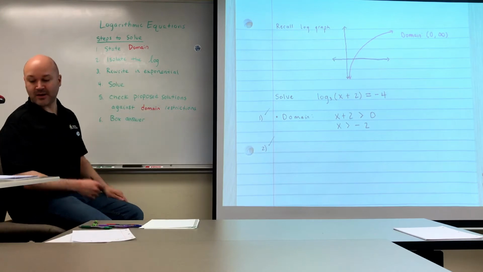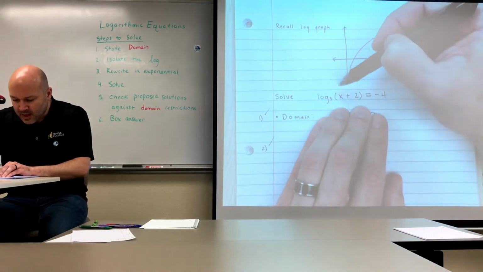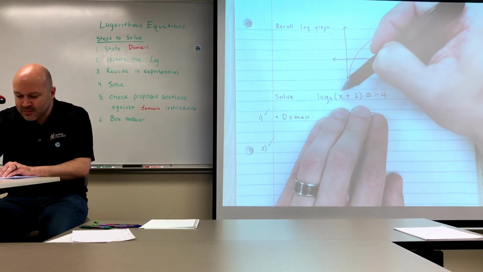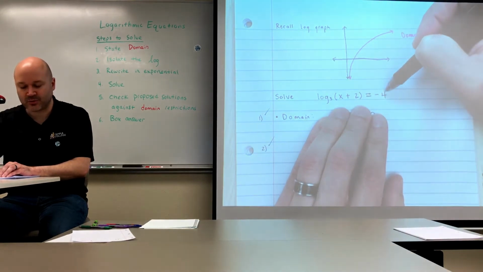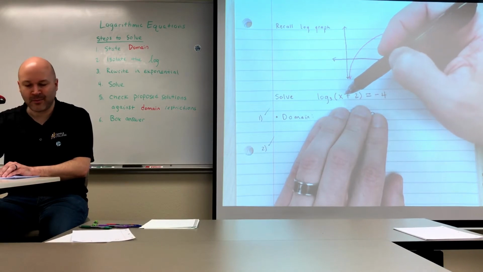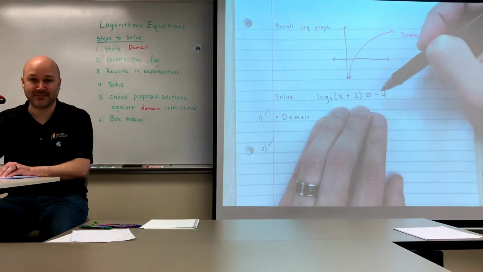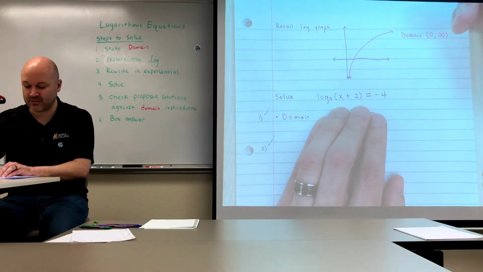Next, I'm going to rewrite it in exponential form. I'm trying to answer the question, what can I plug in for x to make this equation true? I could do some trial and error, but I don't think that's going to work. So I'm going to take this logarithm and rewrite it as an exponential, using the definition of logarithm.